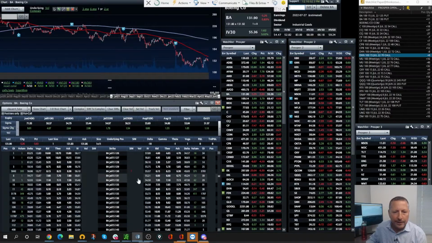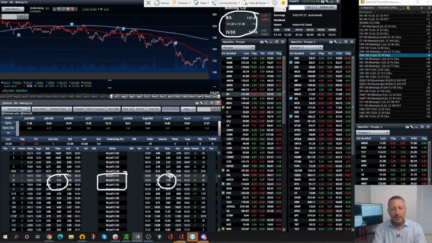What we want to do is take a look at where the stock is trading. Right now you can see the stock is trading at approximately 132. So we want to isolate the 132 calls and the 132 puts. If we add those together, that's commonly known as the straddle, and we can see that it's about $14.30.